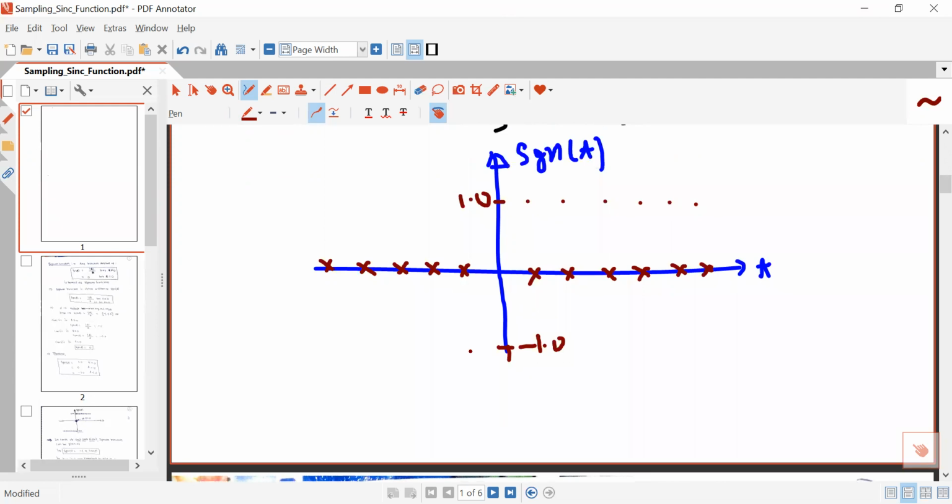So you will get this point, this point. So for t greater than 0, signum t will be +1, and for t less than 0, signum t will be -1. And if you will connect these points, you will get plot like this.